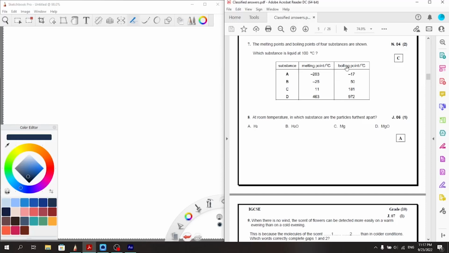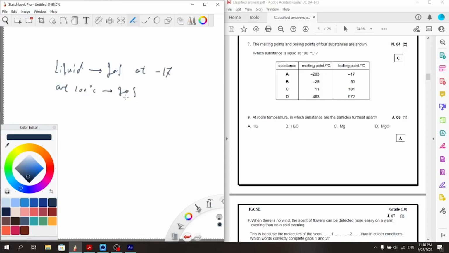So if it's starting to turn from liquid to gas at minus 70, then at 100 it will definitely be in its gaseous form, because 100 is way over minus 70. So option A is wrong.